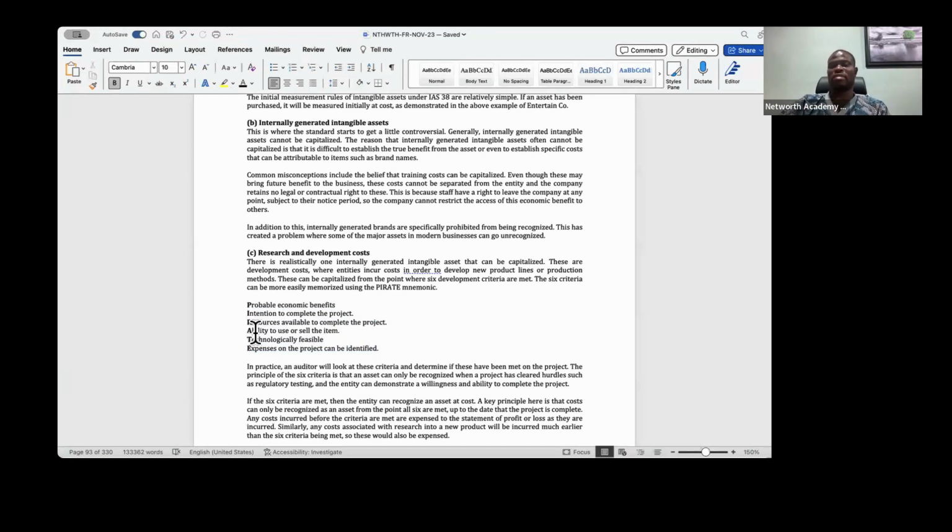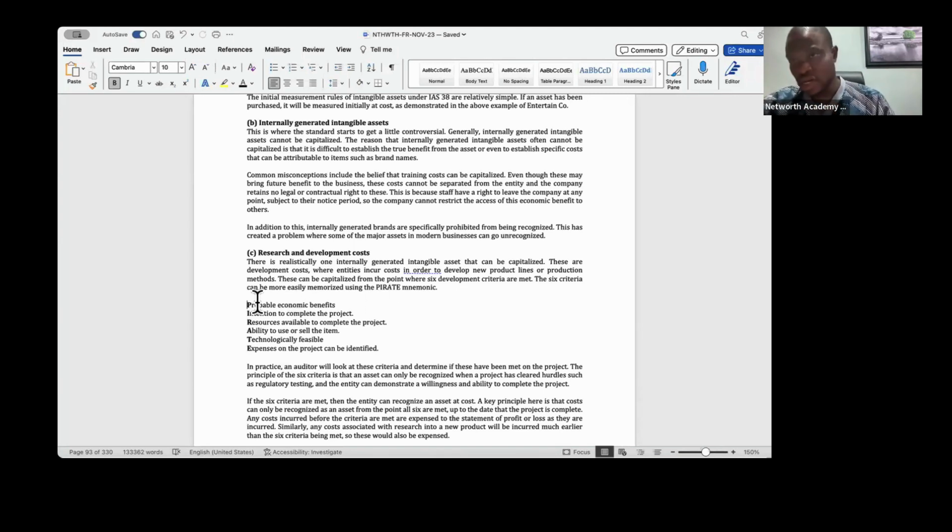Number 4 is ability to use or sell the item. Number 5, it is technologically feasible to complete it. And finally, expenses on the project can be identified. You have to know these 6 criteria. That's why I codified it as PIRATE, so that you can use that to remember it.